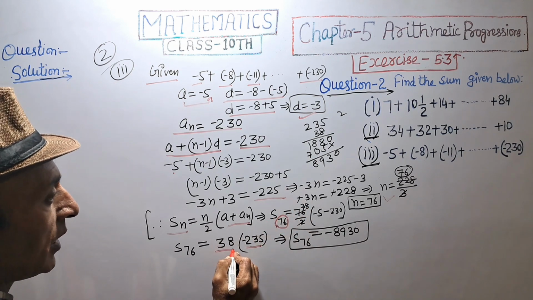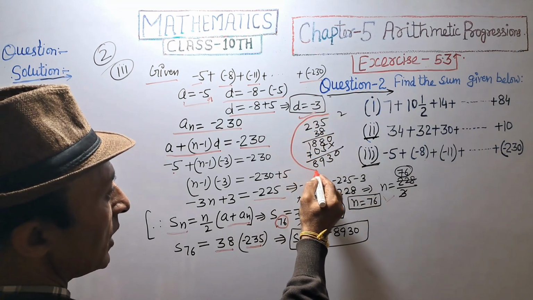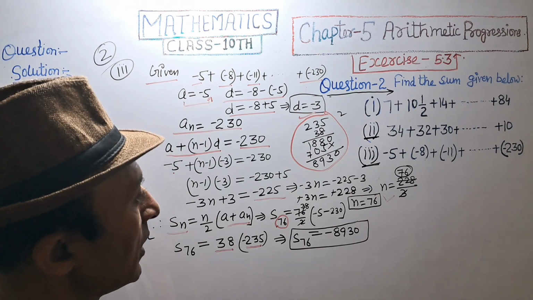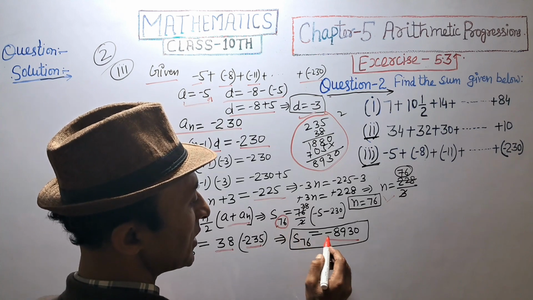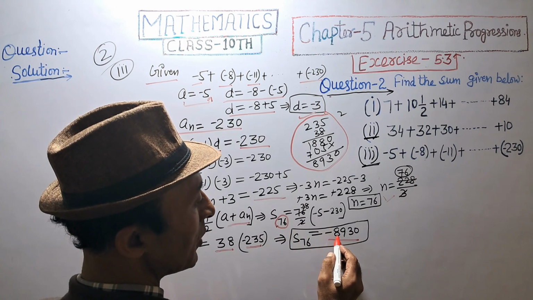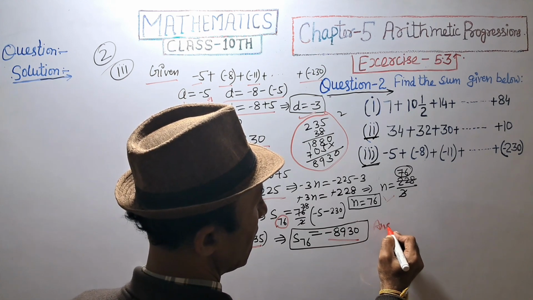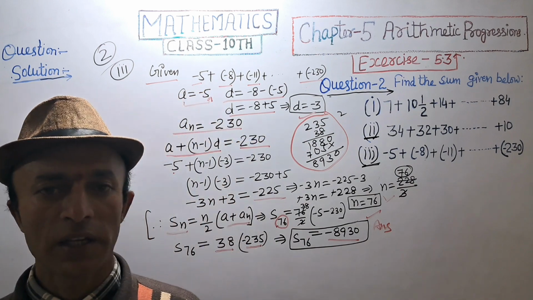Multiply by 38. We multiply 235 into 38 and get the result 8930. S76 is equal to minus 8930. Answer. Thank you so much.